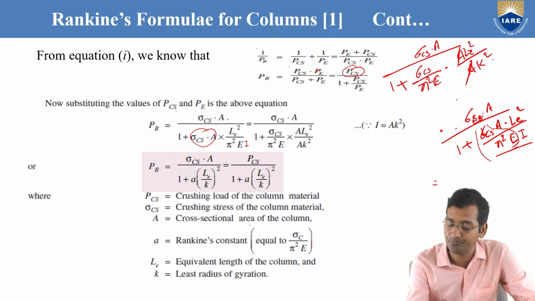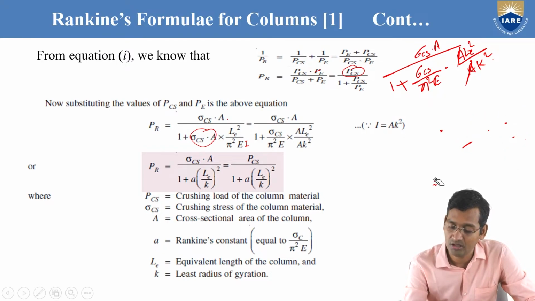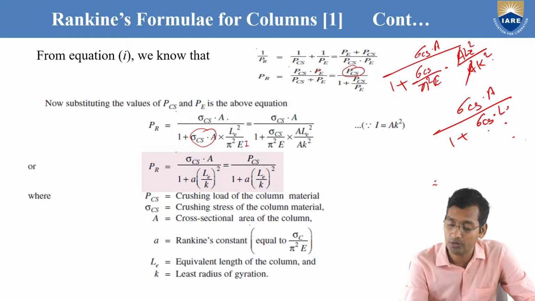So A cancels, right? So this will be sigma CS into A divided by 1 plus sigma CS into LE square by pi square E and K square.